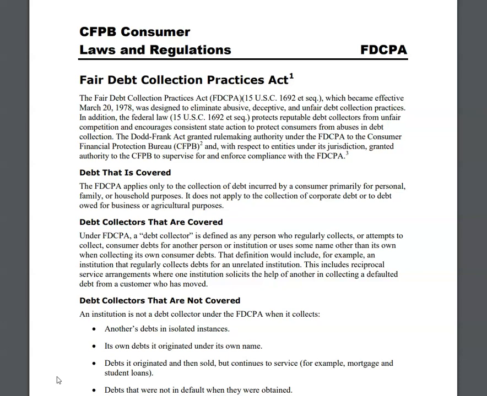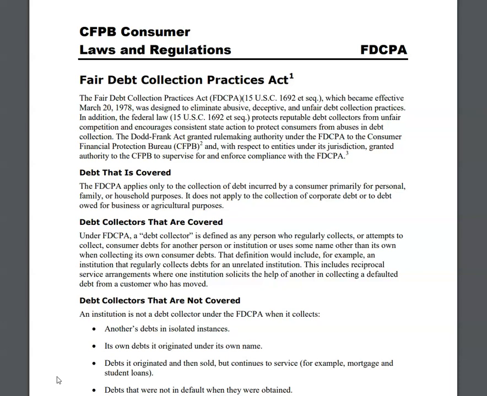Protects reputable debt collectors. I don't know, that reads kind of weird. Then it says here the Dodd-Frank Act granted rulemaking authority under the FDCPA to the Consumer Financial Protection Bureau (CFPB), and with respect to entities under its jurisdiction, granted authority to the CFPB to supervise for the enforcement compliance with the Fair Debt Collection Practices Act.